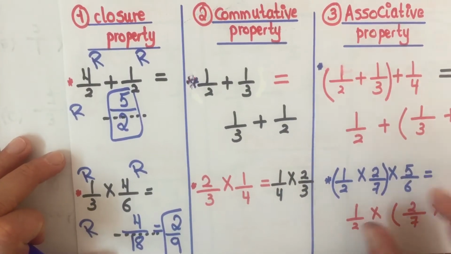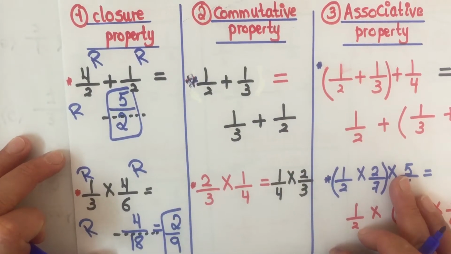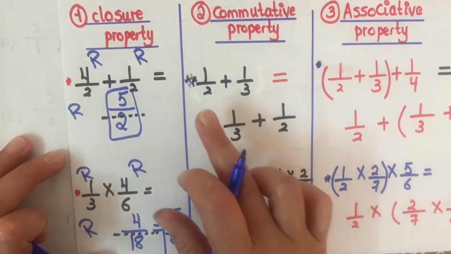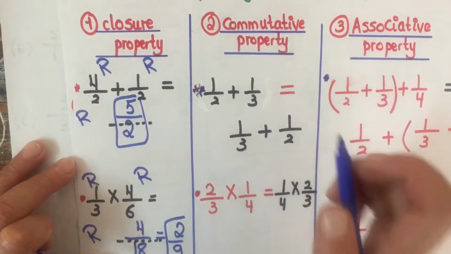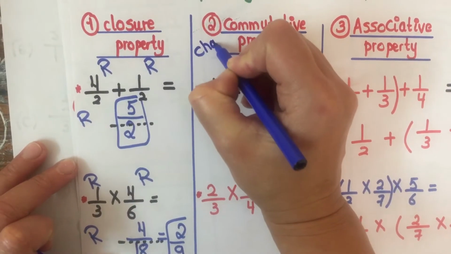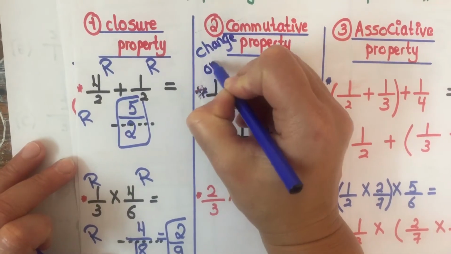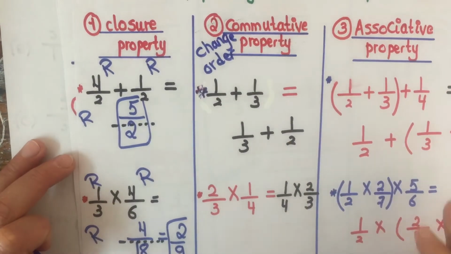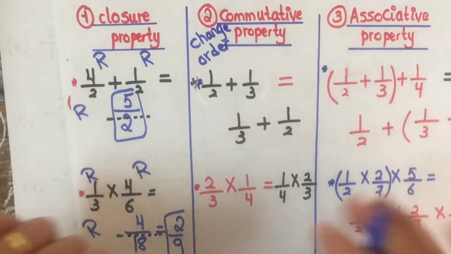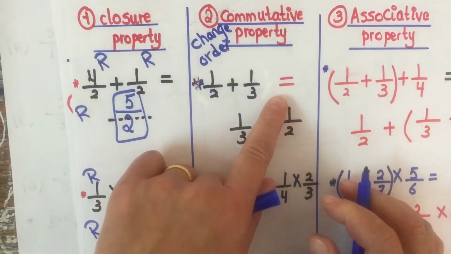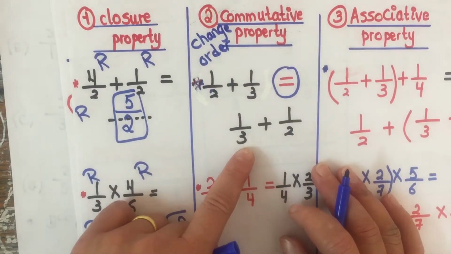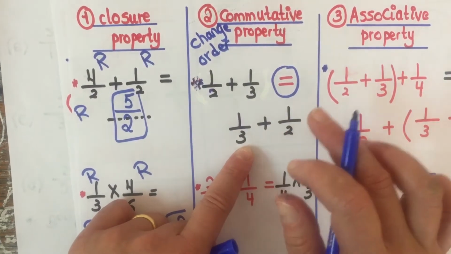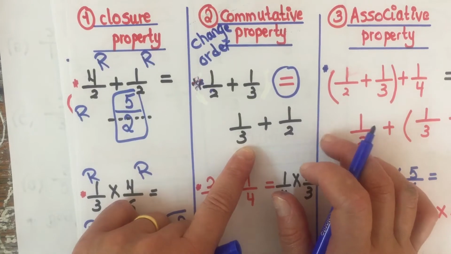Let's take the second property, which is the commutative property. We have half plus third equals. What is the property talking about? Commutative property means change the order, but leave the fraction or the rational as it is. We have half plus third, and here the equal sign means I should find the same rational number on the other side.